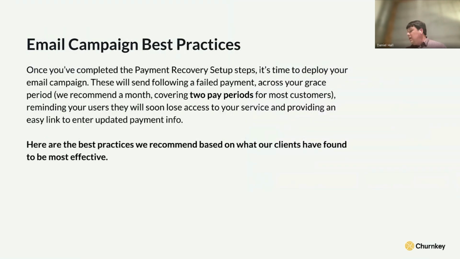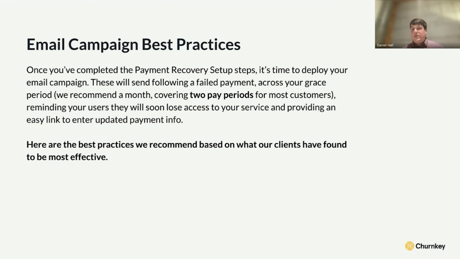Now I want to dive a little bit into best practices around the email dunning campaigns. We talked about best practices when it comes to cancel flows a while back. We talked about how to leverage segmentation and custom attributes around cancel flows in previous roundtables, but we want to make sure that we're also applying best practices to dunning campaigns.